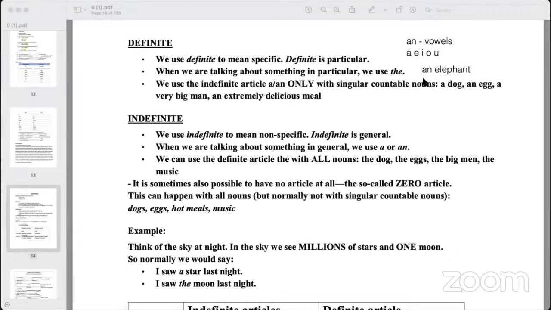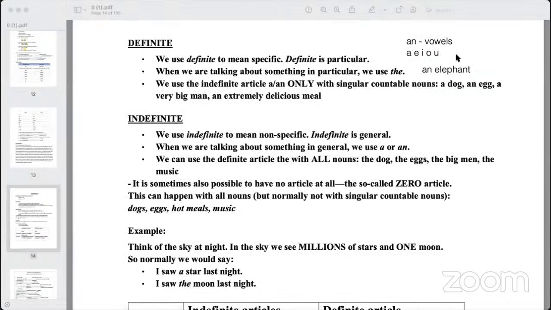If it starts with I or O or U, again, you will use the word an and not a. You won't say I need a umbrella, I need an umbrella.